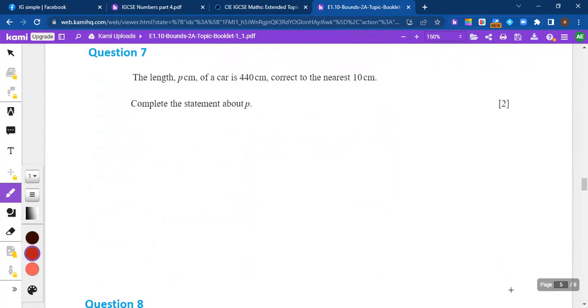Question 7. Okay, also solve. Okay, guys, here we go. We make 440. Then you add 10 divided by 2, so you add 5, and also you subtract 5.